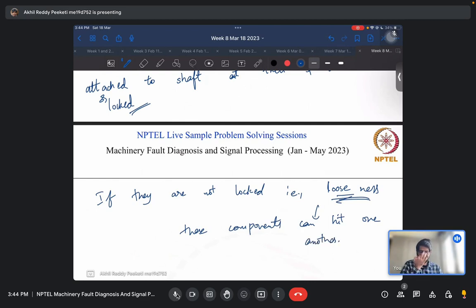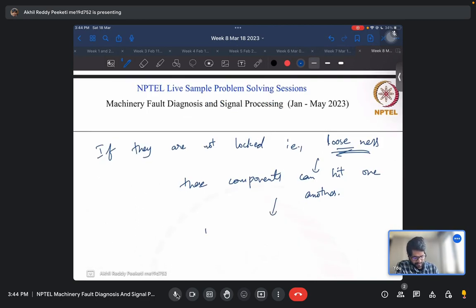So when they are hitting one another, it actually causes impulsive vibrations.